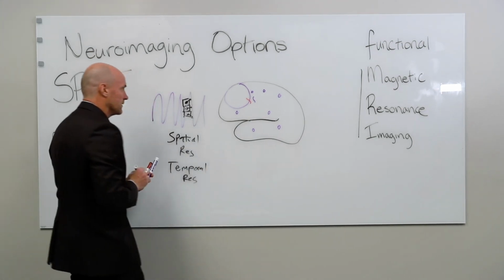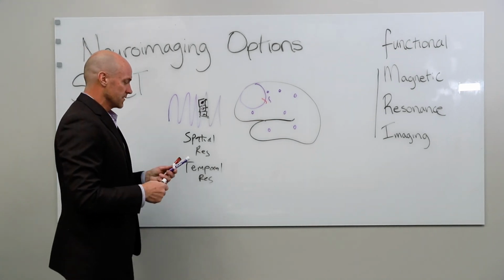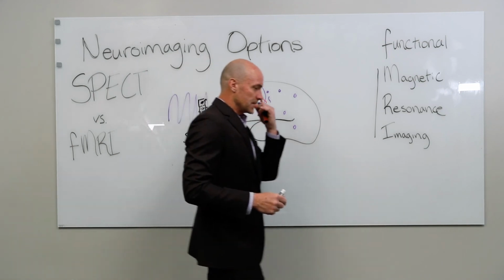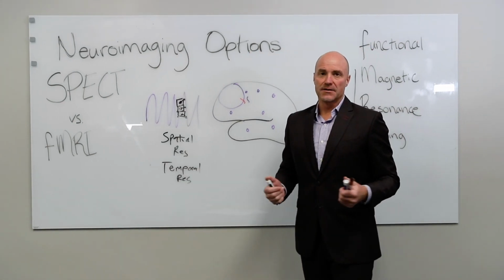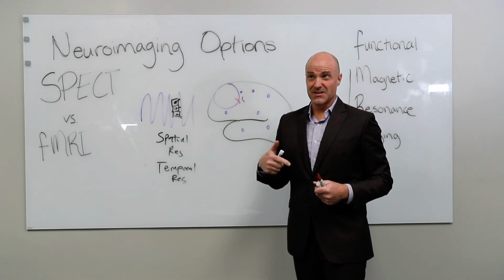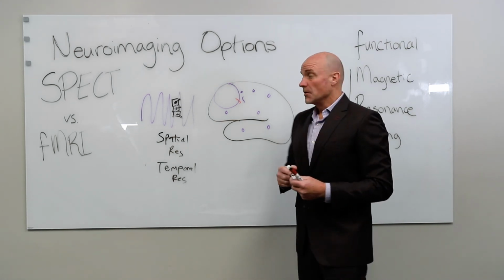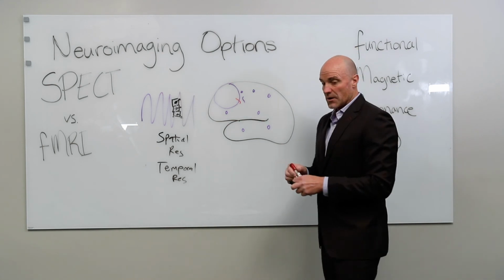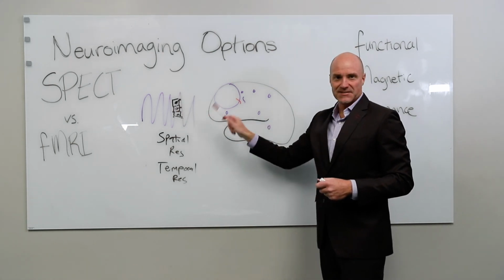And that's where functional MRI is far superior as well, because depending on the scanner that you have and the techniques that you're applying, you can pick up things on less than a second level of resolution. The only limitation, though, isn't a limitation of the physics, because this stuff happens fast.